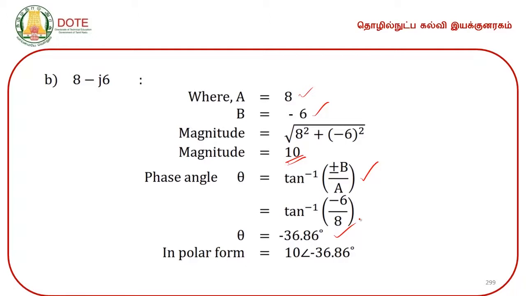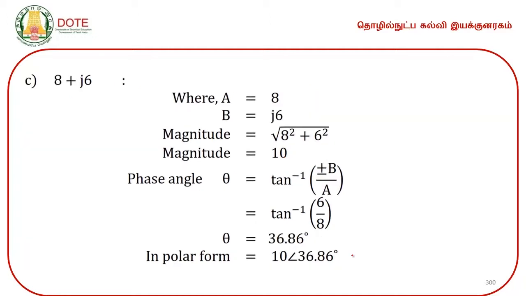So, the equivalent of 8 minus j 6 in polar form is 10 angle minus 36.86. Next is 8 plus j 6, and we need to convert this to polar form. A, that is the real part, is equal to 8, and the imaginary part is 6, it is not j 6, it is a mere 6.